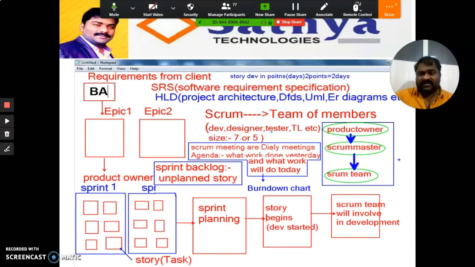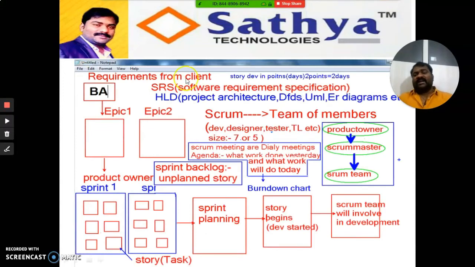This is the V model we have discussed. Generally, as I already told you, the business analyst will gather the requirements from the client and prepare one document, that is the SRS, System Requirement Specification. This SRS is not software requirement, it is system requirement. It is again divided into 2 types, HLD and LLD, high level design and low level design.